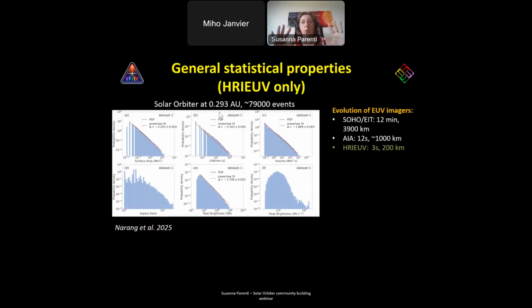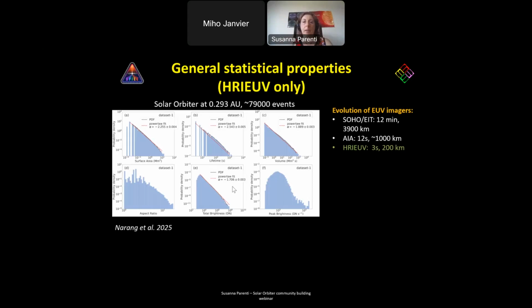So this is an analysis only on EUI. You see that there are several quantities and properties: the surface, lifetime, volume, peak brightening, total brightness, aspect ratio, and several of these properties follow a power law.